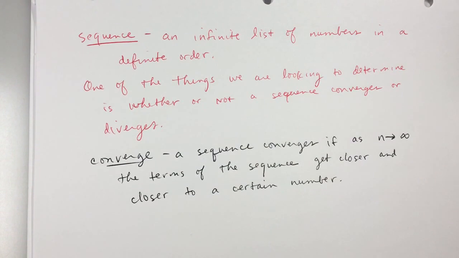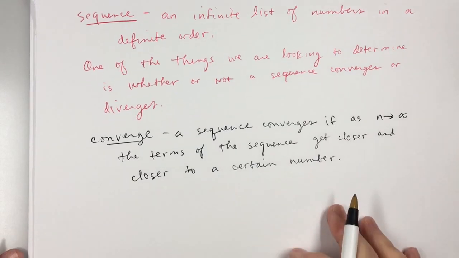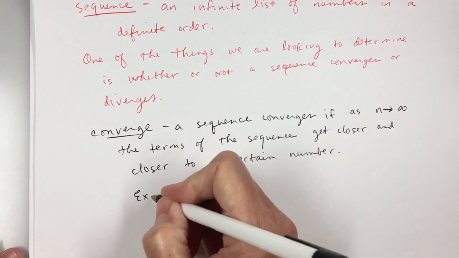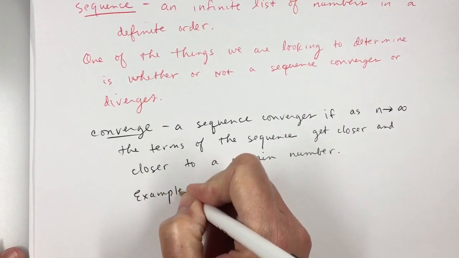So these are things that you're talking about with limits. As n is approaching infinity, what's happening? Here's an example of one that converges, and it's one that we did a few minutes ago.